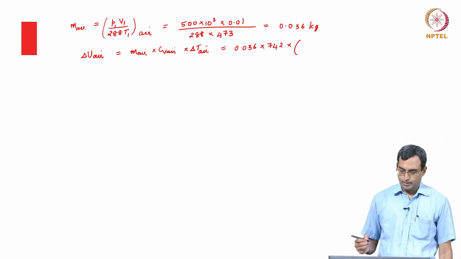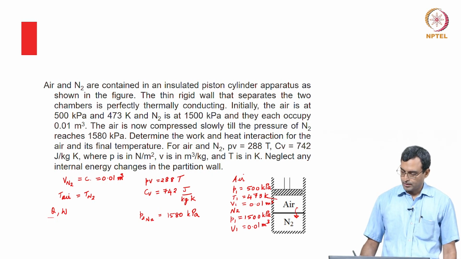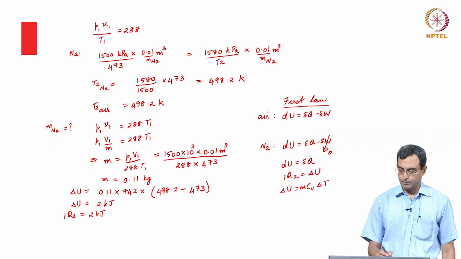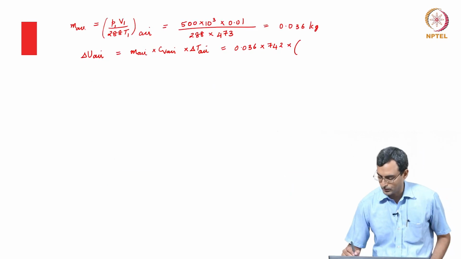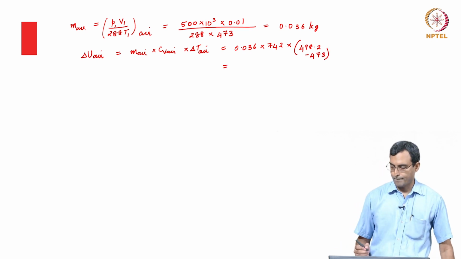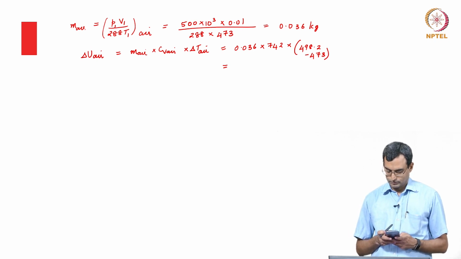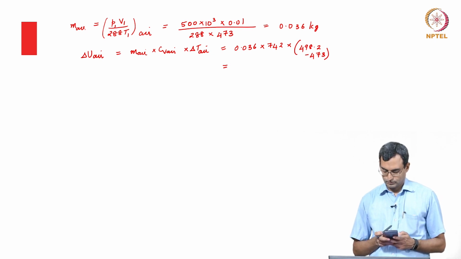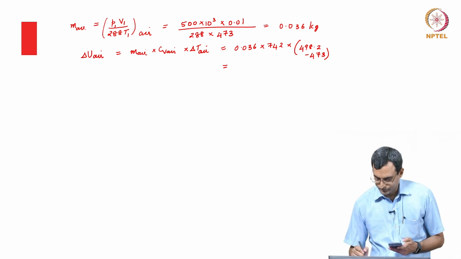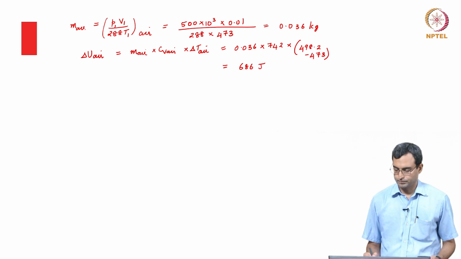What we know is that the temperatures of the nitrogen and the air are the same. So, the initial temperature is 473 in both cases, final temperature is 498.2 in both cases. Which we get as 686 joule.